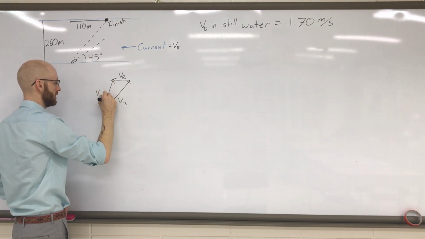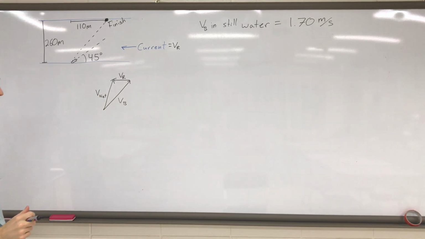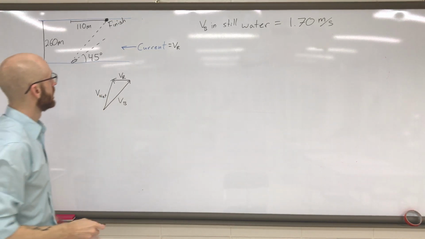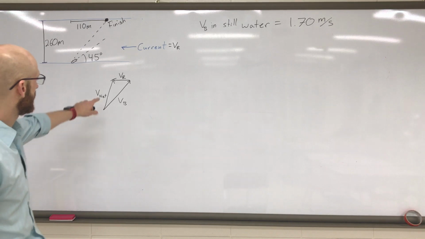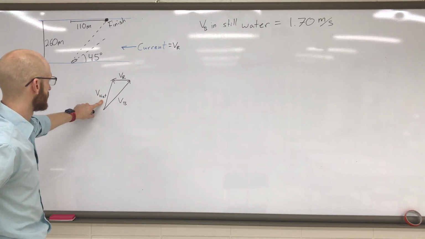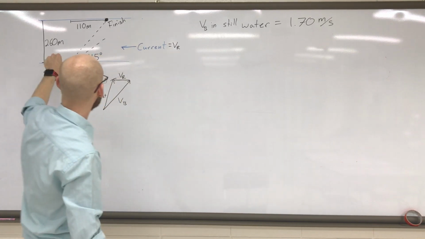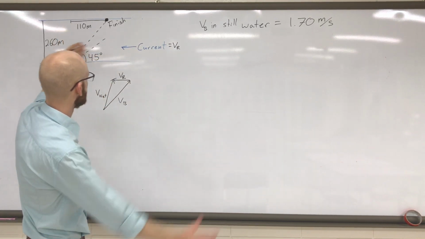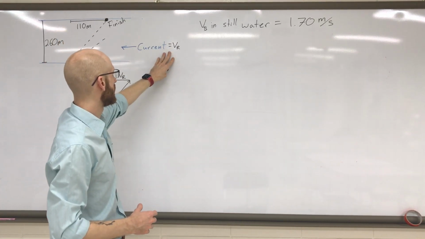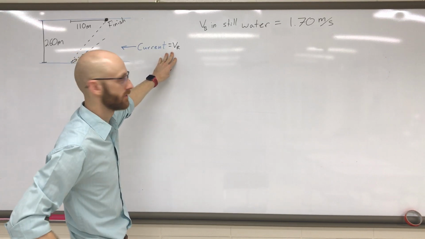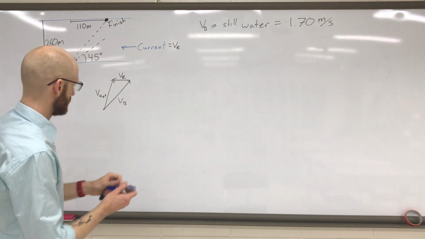We'll call that V net. Right, that's the resultant vector. So now in order to actually find this resultant vector, we need to break the velocity of the boat up into its two components, and then we need to use those components to combine with the velocity of the river. So here's what I mean.